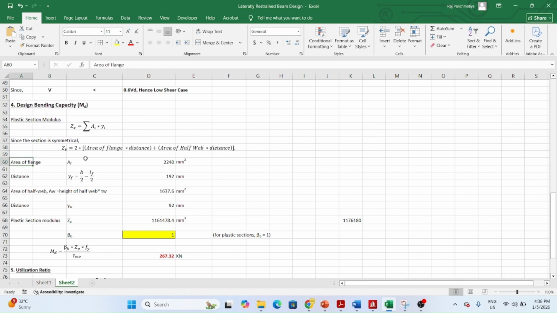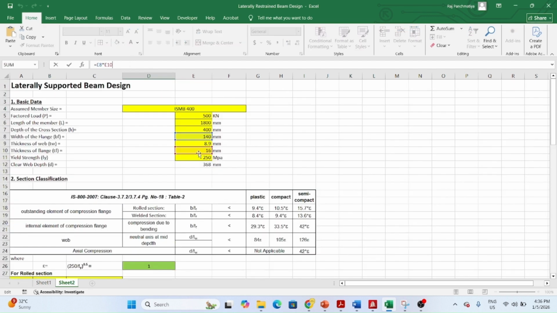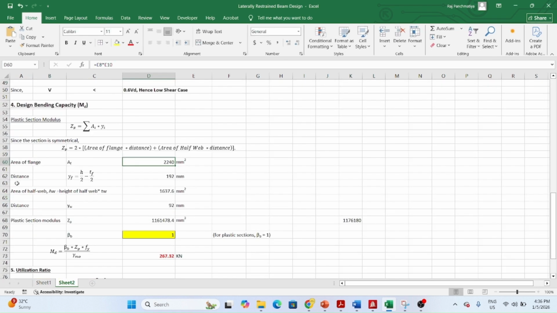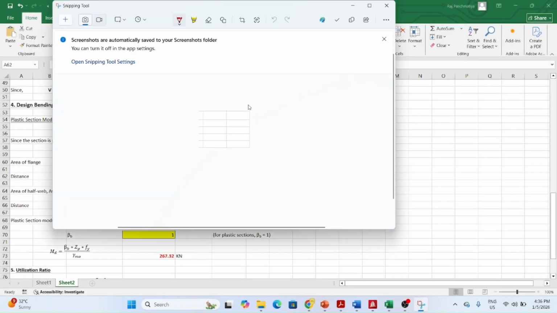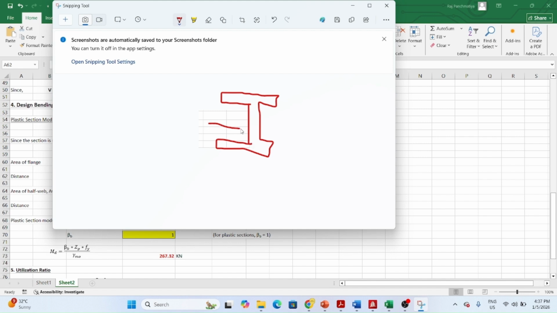So let's calculate the area of flange first. Area of flange will be nothing but the width of the flange into thickness of the flange. So 140 into 16, this will be the area of flange. Now the distance YF. What is this YF? If this is our I section, from the center to the center of this flange, this distance is YF.